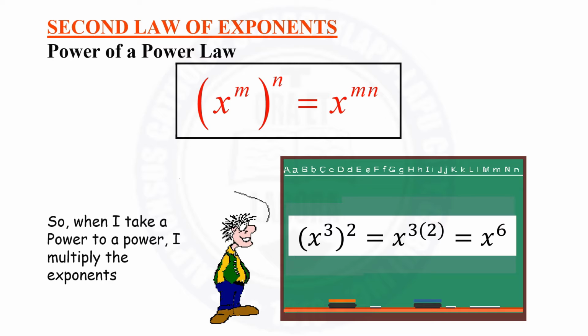So in this example, we have x cubed raised to 2, and that is equal to x raised to the product of the exponents 3 and 2. Therefore, the result is equal to x raised to 6.